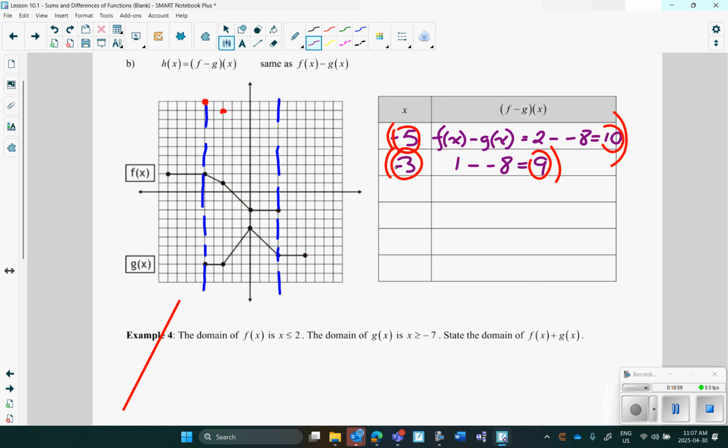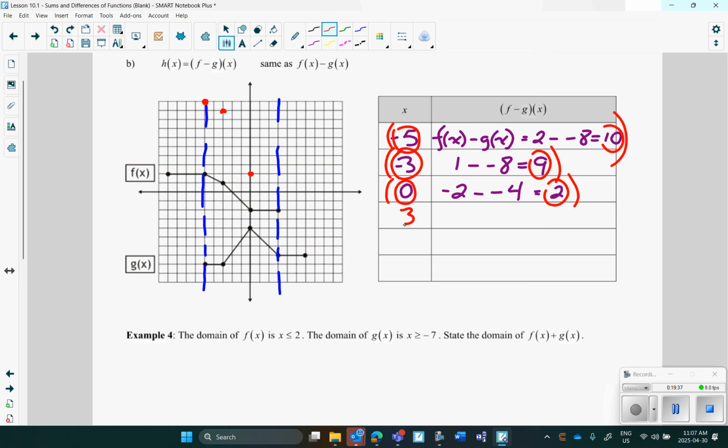Next points of common are at x equals 0. f of x is -2 minus g of x, which is -4, which gives me +2. So 0 and 2. And finally, x is 3.